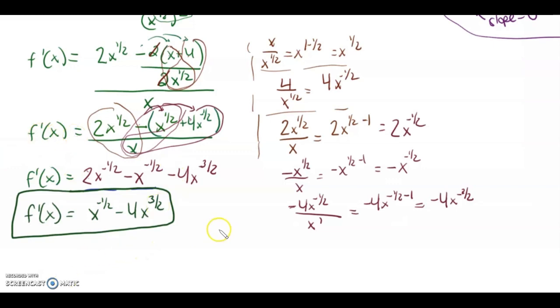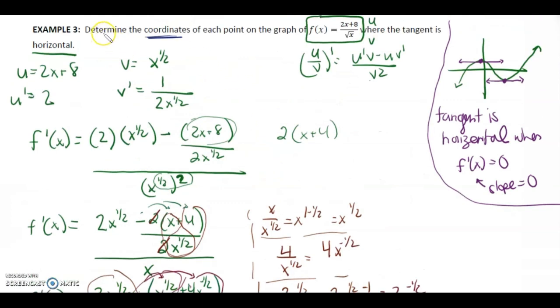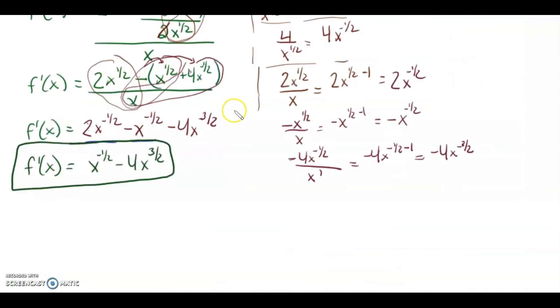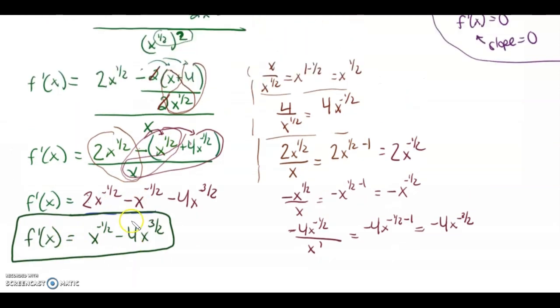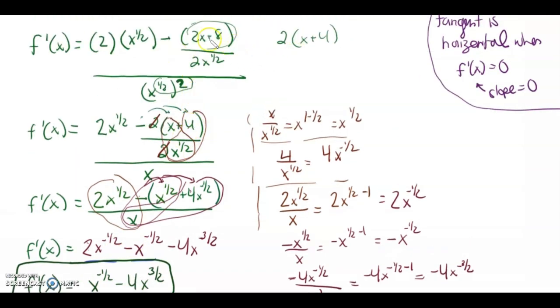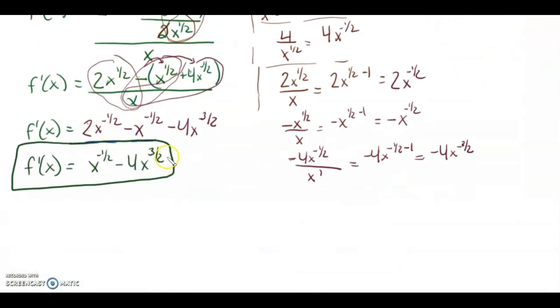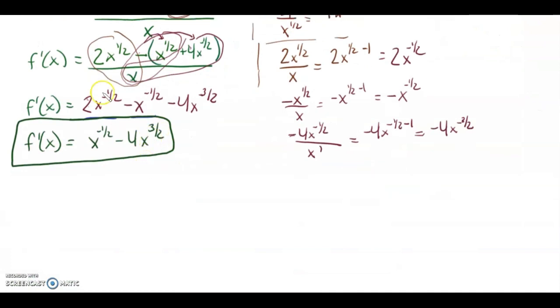Now at this point, let's go back up to the question and let's reread it. So we're going to determine the coordinates of each point on this graph where the tangent is horizontal. So I think that it's important to actually simplify this, because if we were to have dealt with maybe one of the previous forms, maybe even the original form of the quotient rule, it would be really difficult to isolate an x.